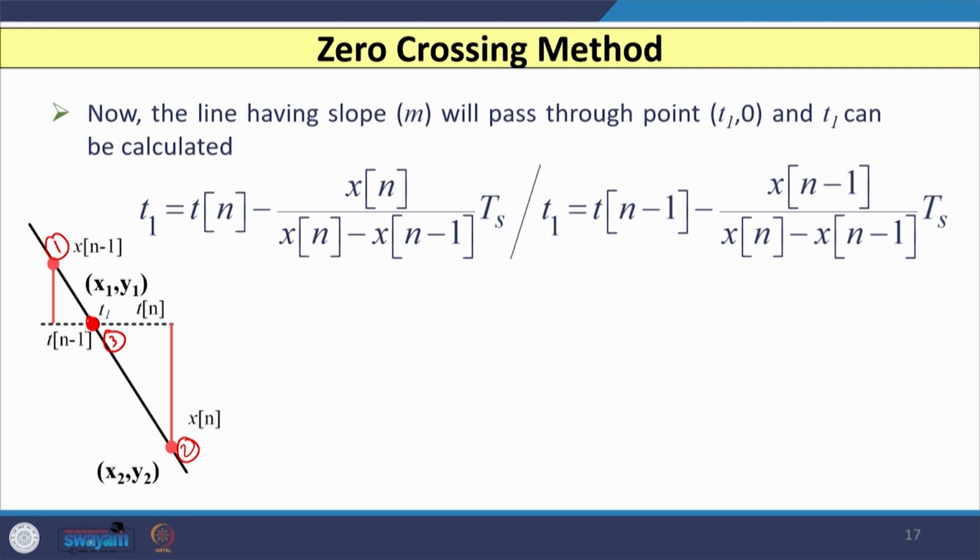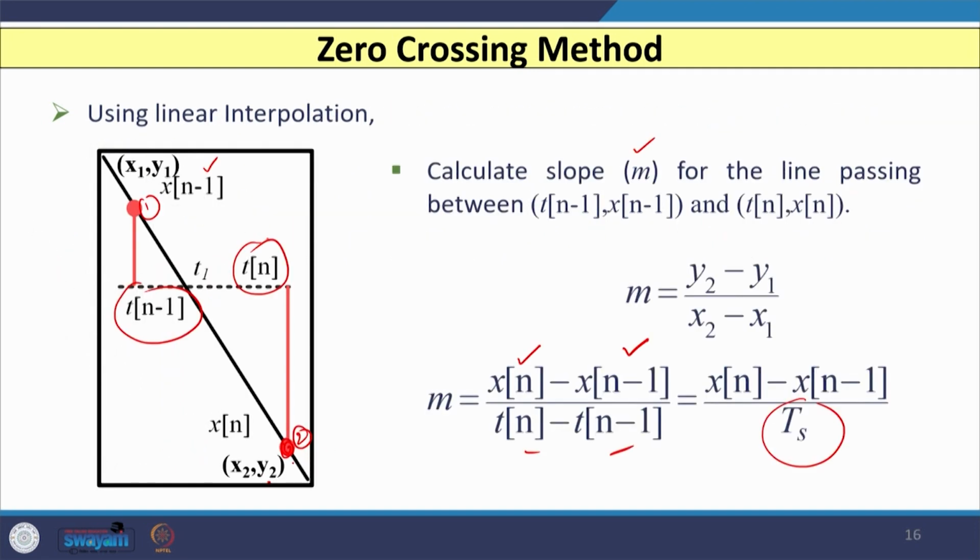Let us say this unknown time is given by t1. So, at sample number 3, y1 is 0 and x1 is t1, so the point is t1 and 0. At sample number 2, x2 and y2 are both available: x2 is t of n, and y2 is x of n.